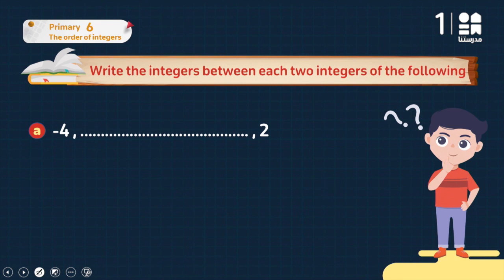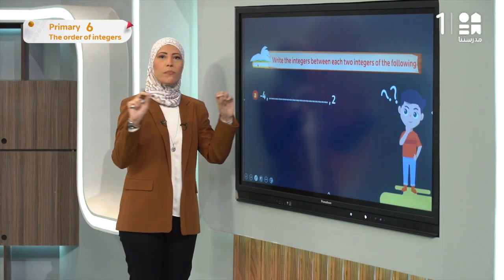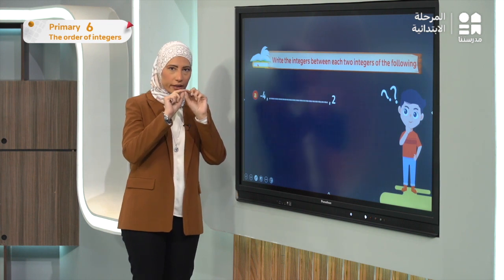Okay? Now negative 4 and negative 2. Again, imagine the number line.